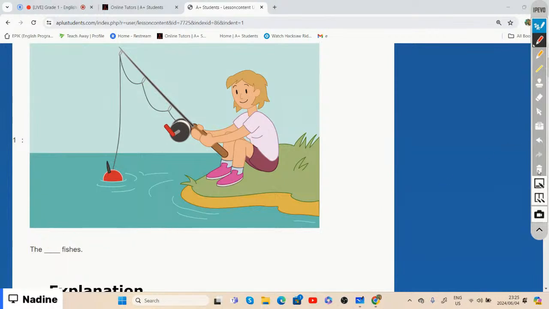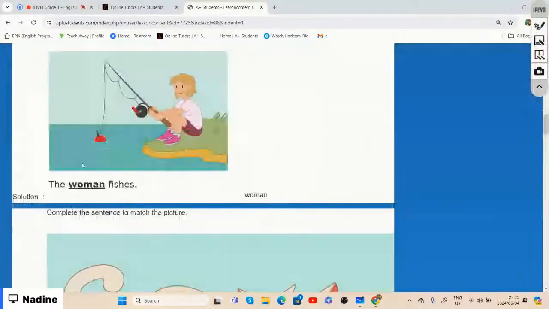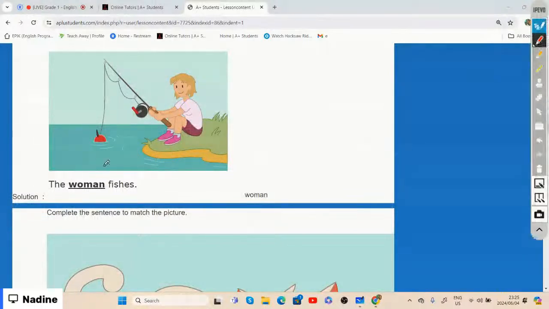Okay, let's go with the girl fishes. So if we identify the noun within that sentence, then girl is our noun. So girl or woman is correct, right? So even if you said girl, then it's correct, or woman, then it's also correct. So the woman fishes, or we can say that the girl fishes. So well done.